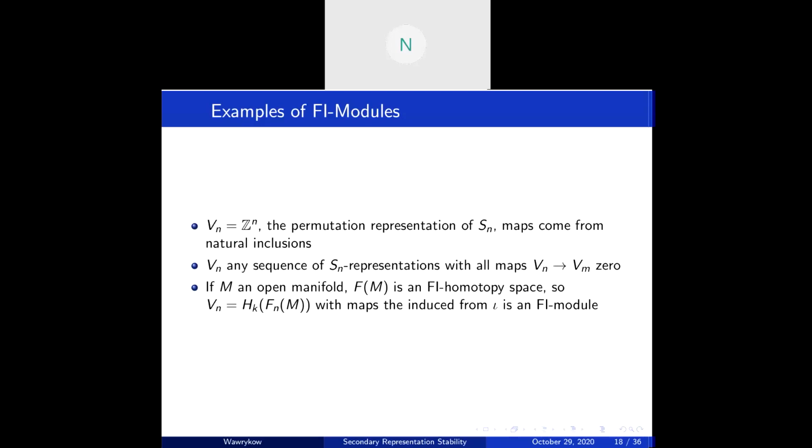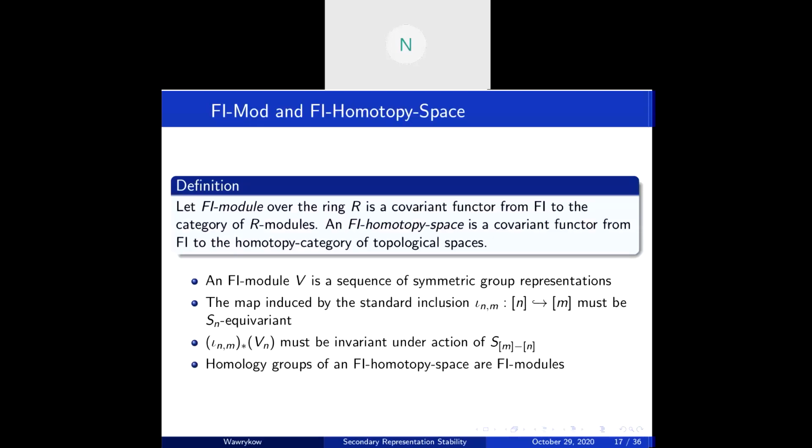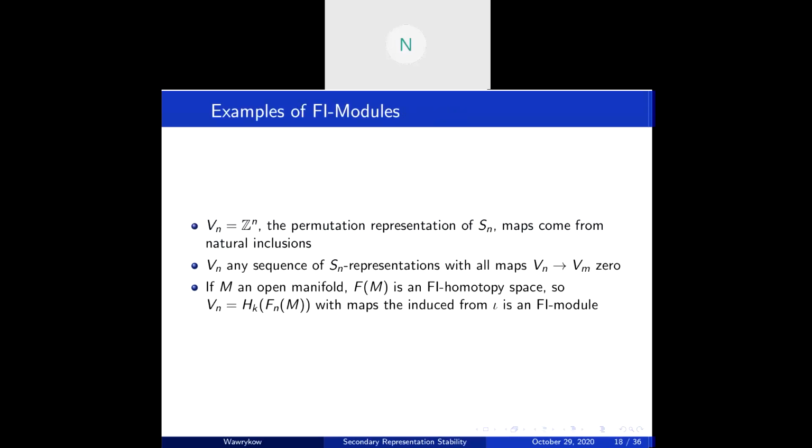So by the very last bullet point on the previous slide, this is going to be an FI-module. And these maps are going to be induced by the inclusions I talked about at the very beginning. Namely, you're just adding one more point by retracting somewhere near the open part of it, or the point at infinity, or a collar neighborhood near the boundary, and just adding a new point there.